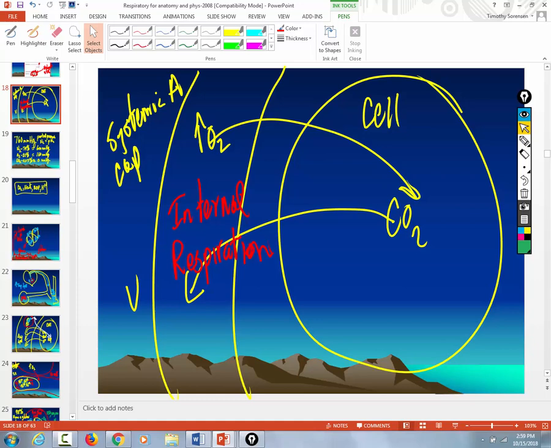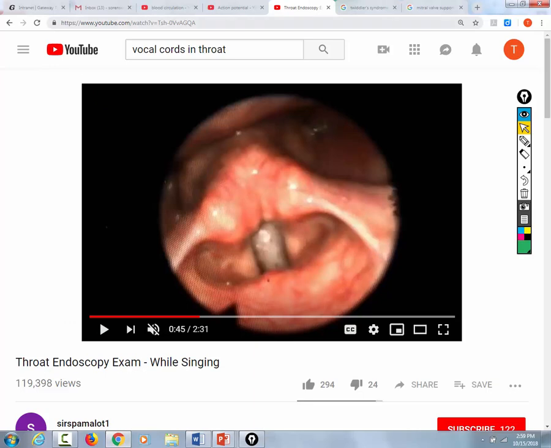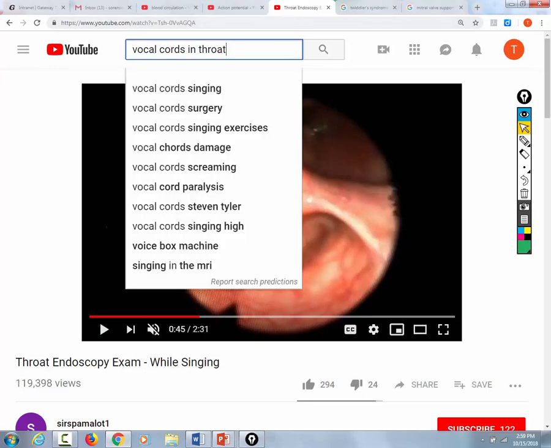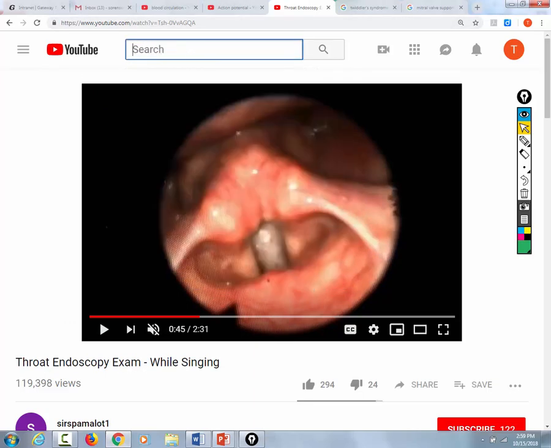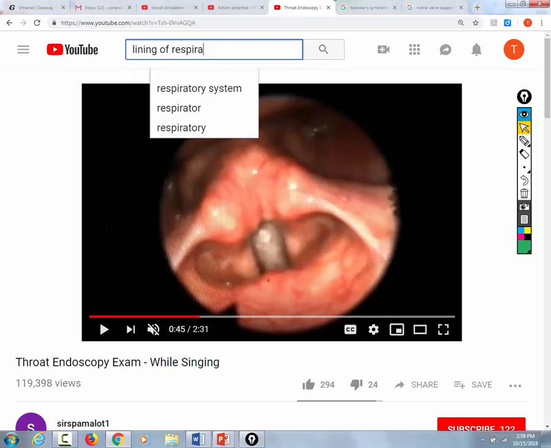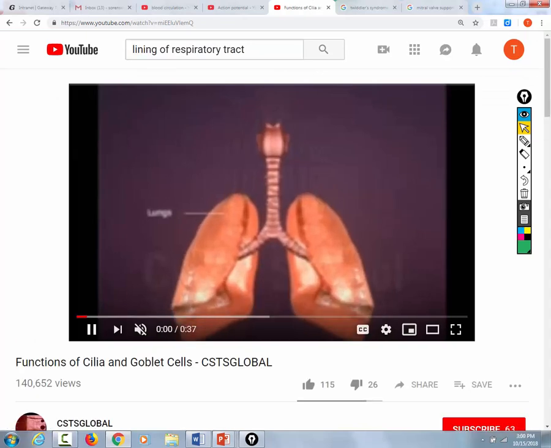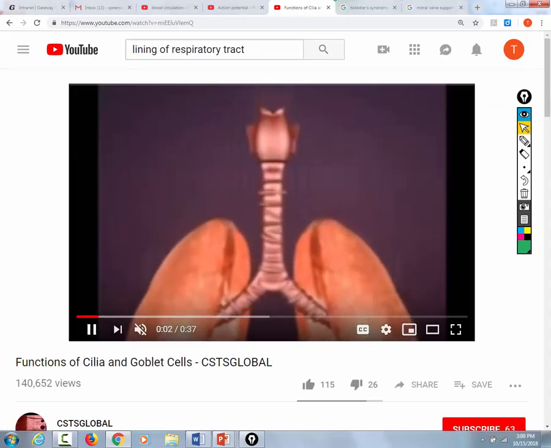Now, what I want to do now is explain to you the lining of the respiratory tract, what it actually is and what it's made of and what its function is. Okay.